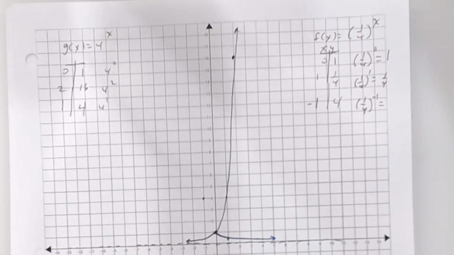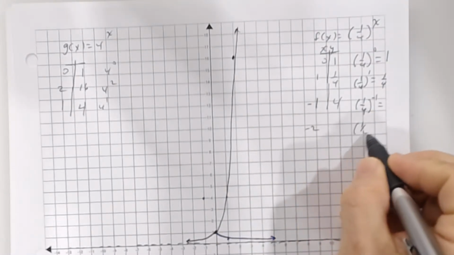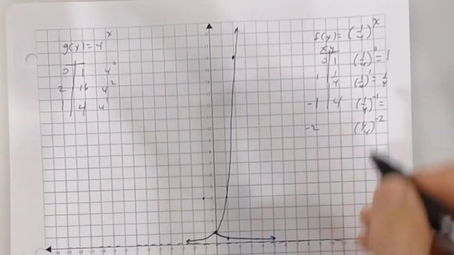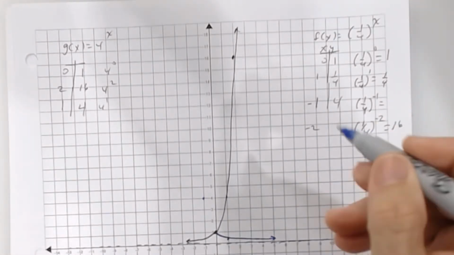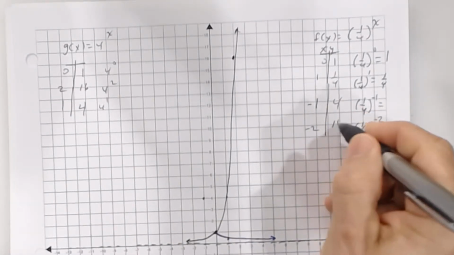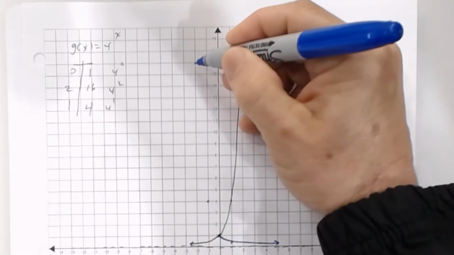If x is -2, what is 1/4 to the -2nd power? 16. So I get -2, 16, which is here.